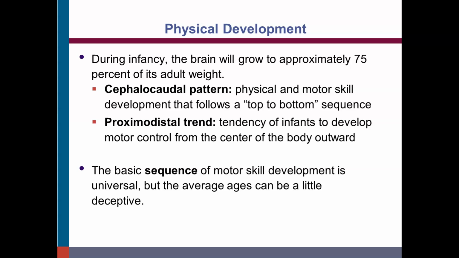What is important to keep in mind is that's actual neuronal development. The neurons are growing throughout the brain. And remember, the neurons from Psychology 101, we covered this quite often, are how the brain communicates with other parts of the brain and parts of the body, as well as how we interact socially with the environment. So that is an important factor in the growth of the brain during infancy.